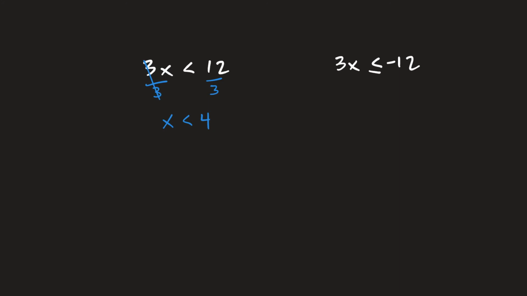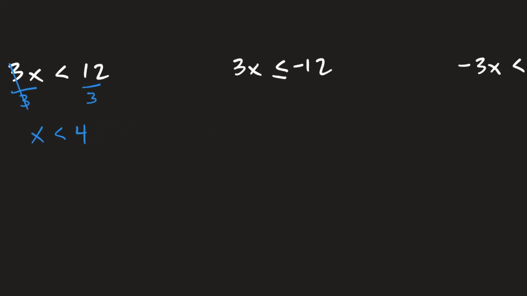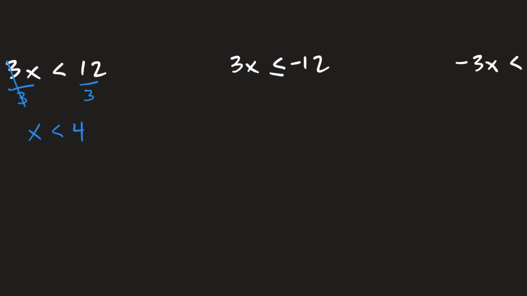Let's go over to this one. So to this one, I would divide by 3, and x is less than or equal to negative 12 divided by 3, which is negative 4. And that's the solution.